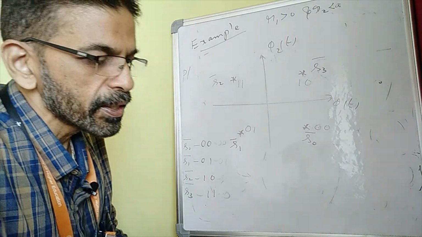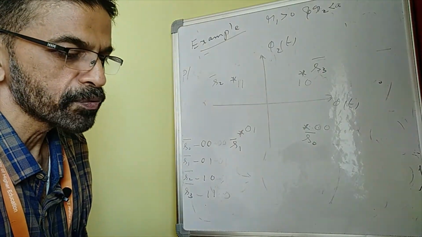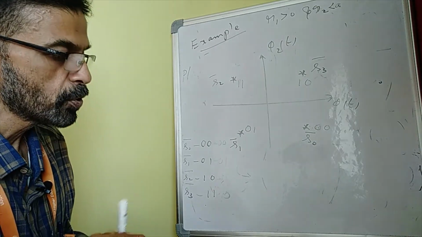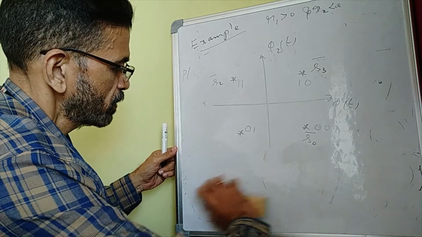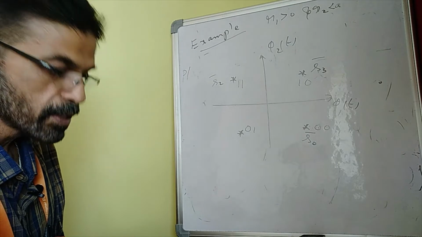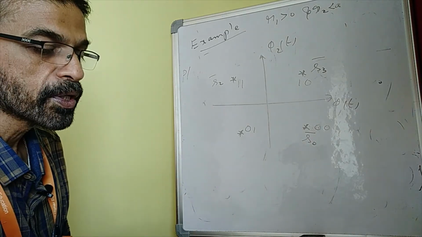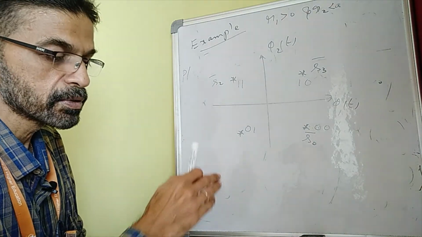And before I take the next example, and probably that will happen in the next video, I would just like to mention here that we will be referring to the higher levels of phase shift keying later. This is the QPSK.